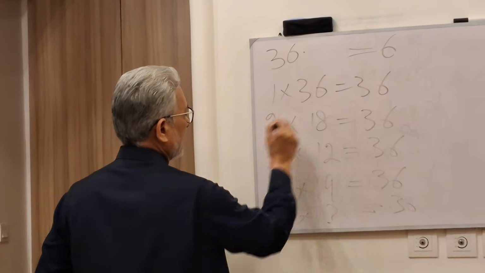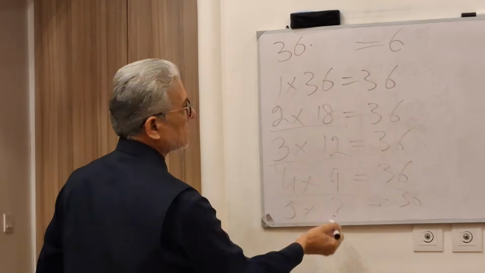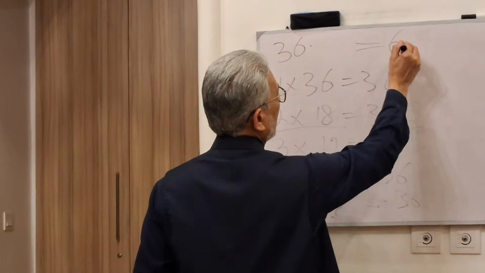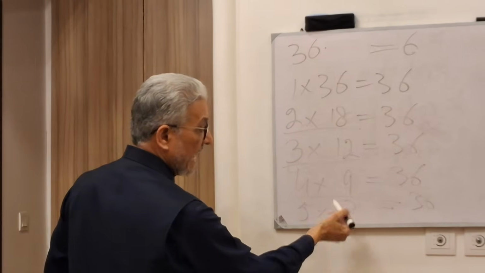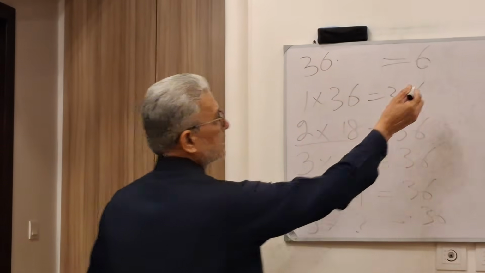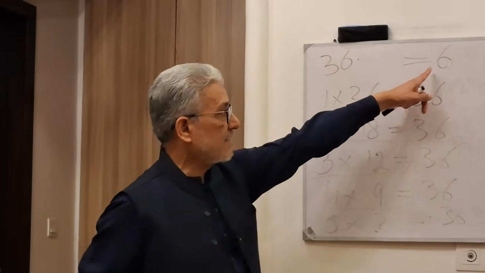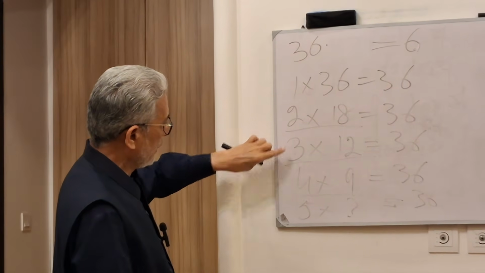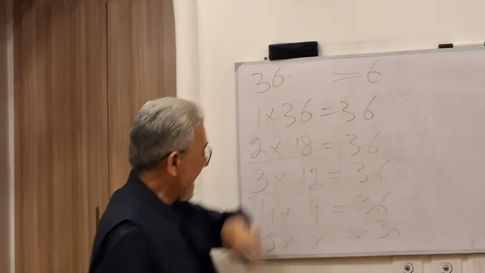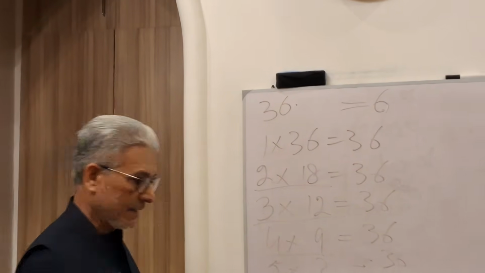This is one factor pair, this is another factor pair, another, another. 5 is not a factor pair because 5 cannot be multiplied with any number to get 36. So 6 you have already found. Then all these 1, 2, 3, 4, 6, and then go upward 9, 12, 18, 36. These are factors of 36.